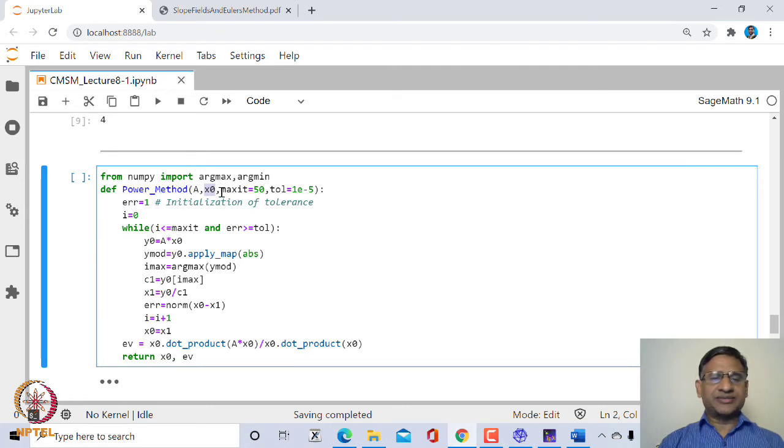initial guess vector, and the maximum number of iterations is less than 50, tolerance limit is 1e minus 5, that is 10 to the power minus 5, initial error is 1, starting value is 0.